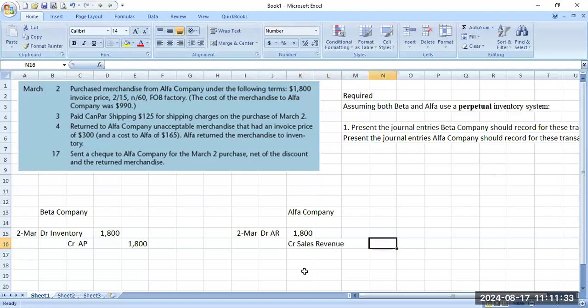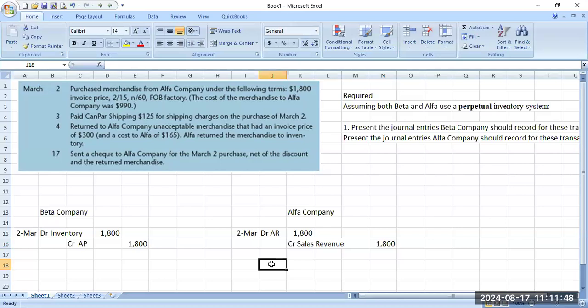For $1,800. And since this company is running the perpetual system, at the time of the sale we have to record the cost of goods sold and reduce our inventory.